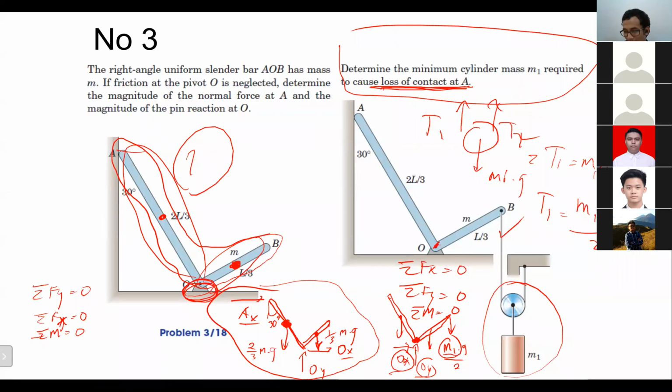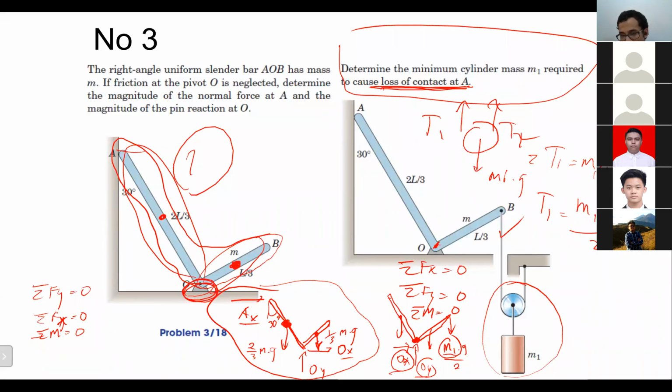You get it, Asad? I think I can't really put the pieces together. So with the sigma moment at O. Yes, sigma moment at O, OX and OY will be gone there.